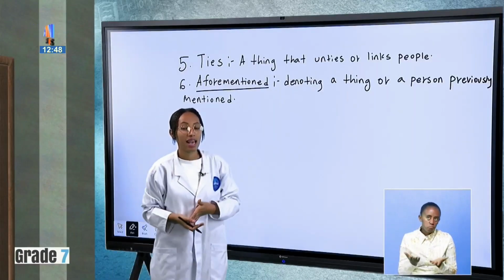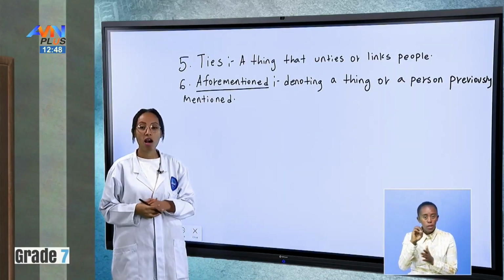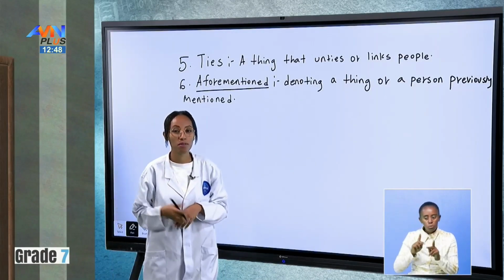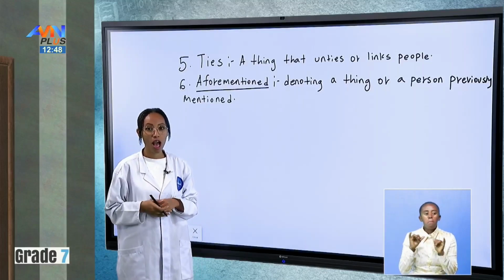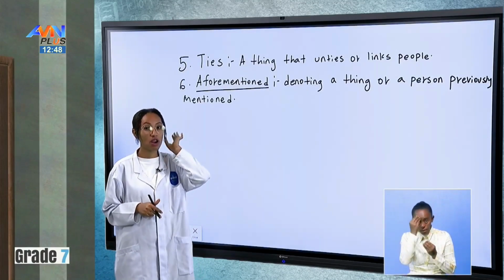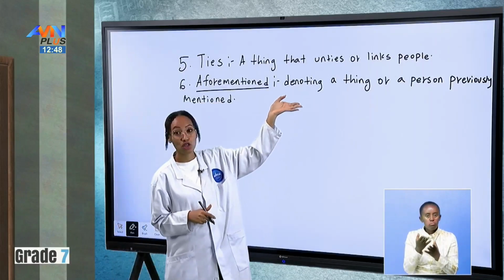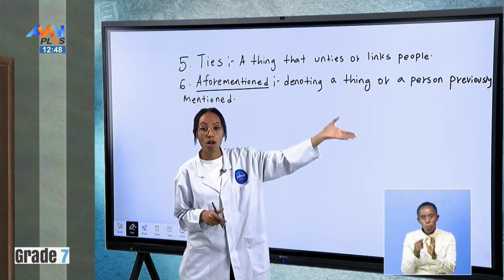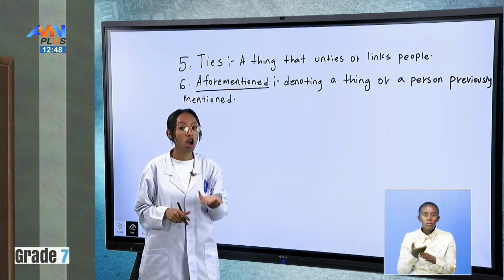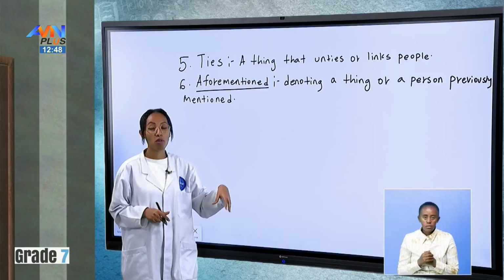If I say the aforementioned people are going to stay here for the next exam, I'm talking about the people I have mentioned earlier. So aforementioned means something that is denoting a thing or people that you have talked about in previous situations, that you have already mentioned.